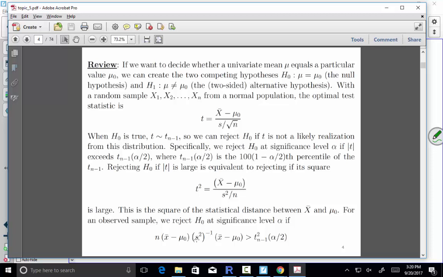It'll be equivalent as long as I compute and use the appropriate sampling distributions. The sampling distribution of this one under the null is t. The sampling distribution of this one under the null is whatever t squared is. Does anybody know what the distribution of a t squared is? Okay. So we'll see that in a second.